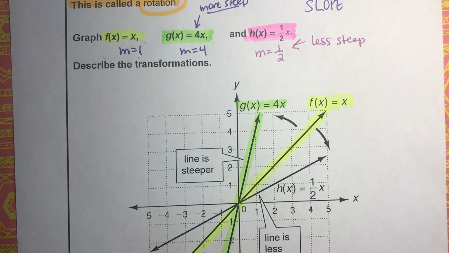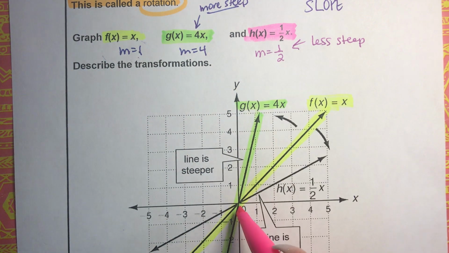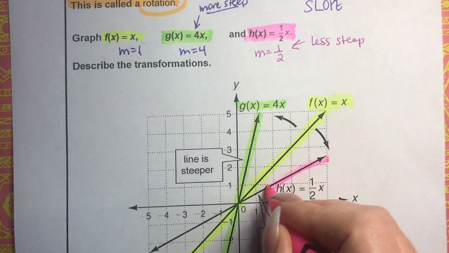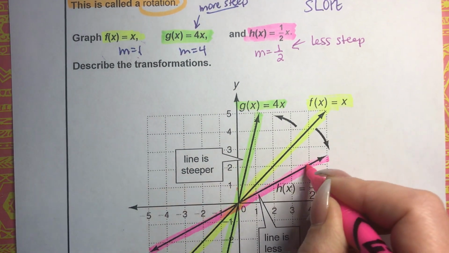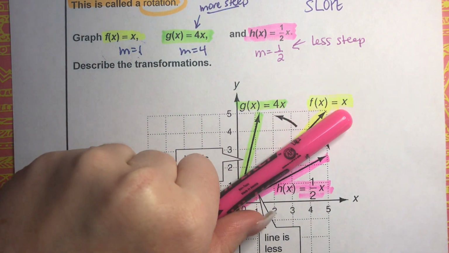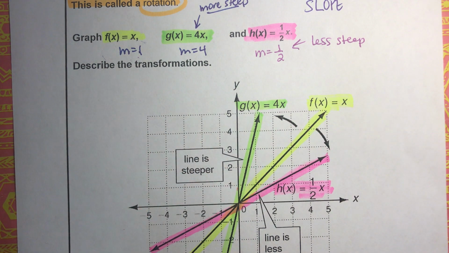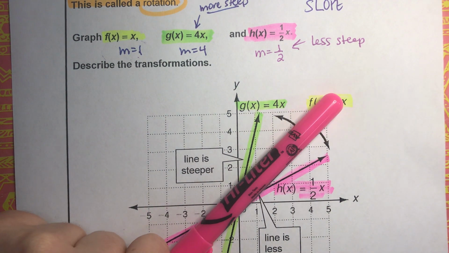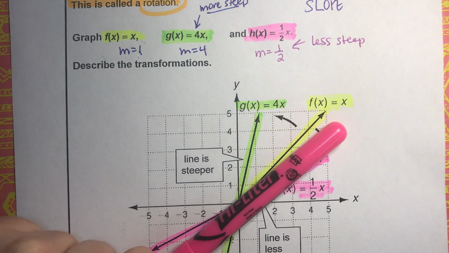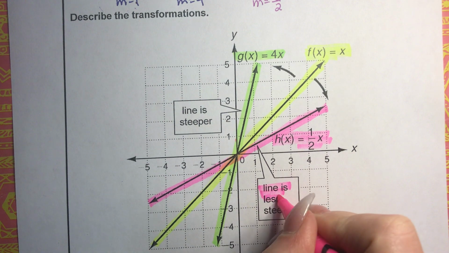And let's see if that's right. So the y-intercept is 0, and then the slope is up 1 over 2, which is this h of x right here. And if you started at that parent function and then you went here, yes, that totally gets less steep. Do you see that rotation? We started at our parent function and then it rotates, and yes, the line is less steep.